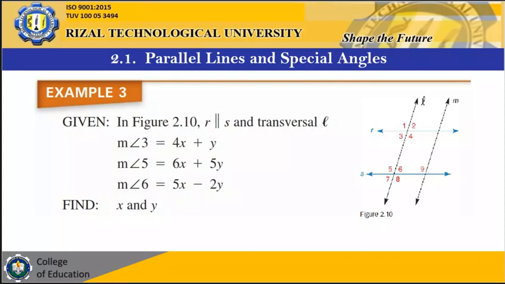Okay, but we can also say that angle 3 and angle 5 are both same side interior angles, so their sum is 180. So let's stick to that.